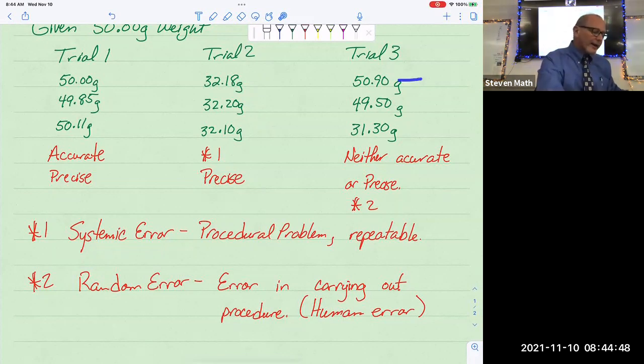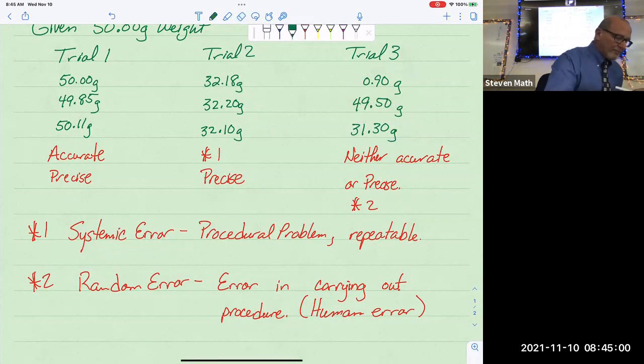Whereas this one, I'm doing pretty good in the first two trials here, but then the third one went way down. And if we wanted to make this even more extreme, we could say, hey, this one went up to 70. And now we have error that's high and error that's low.